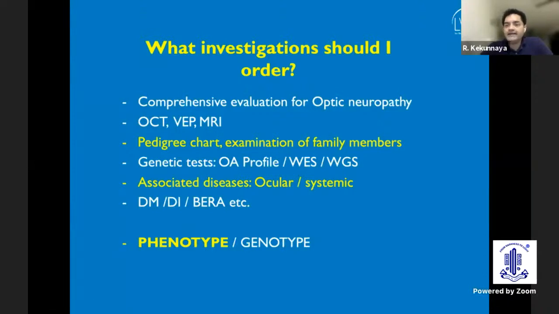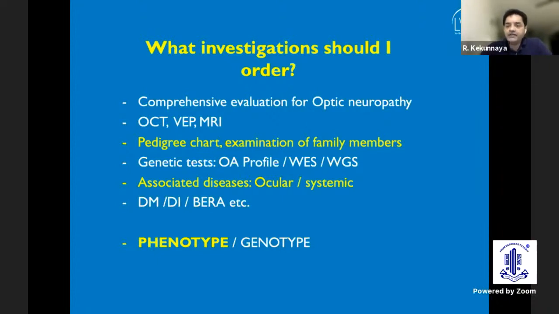Comprehensive, I will again say that unless you do a comprehensive evaluation, you cannot come to a diagnosis of hereditary optic neuropathy. Do a pedigree chart, examination of family members, associated disease. This is very important. Look at ocular and systemic association, and then do a phenotype and genotype correlation.